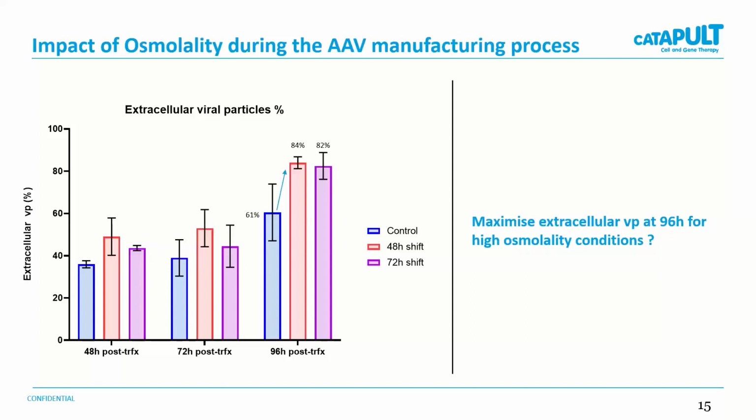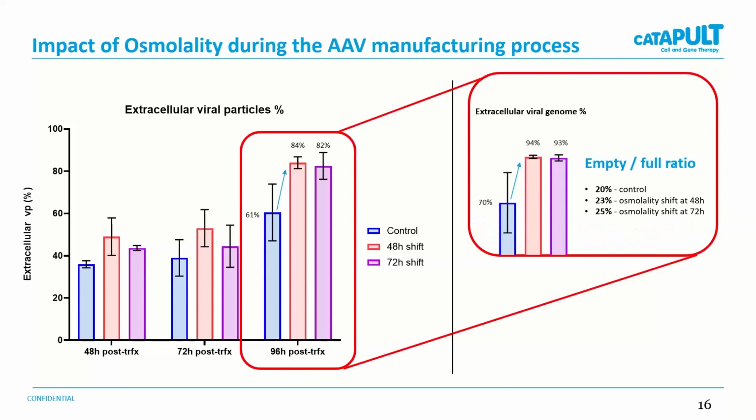If we have a look as well at empty-full ratio, we can see a trend for an increase in empty-full ratio of AAV in the supernatant. We go to 23, 25% for the conditions with a shift, compared to 20% for the control condition.